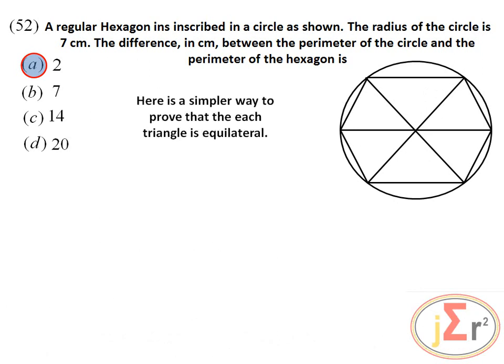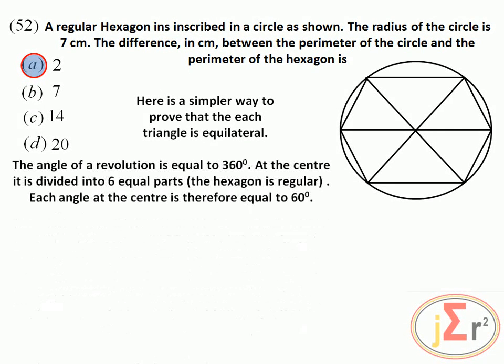Here is a simpler way to prove that each triangle is equilateral. The angle of revolution is equal to 360 degrees. At the center, it is divided into 6 equal parts. It is divided into 6 equal parts because the hexagon is regular.